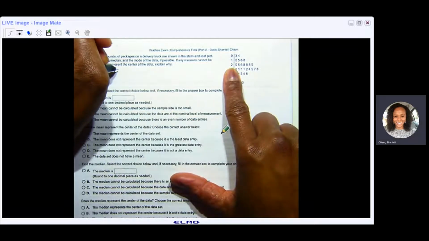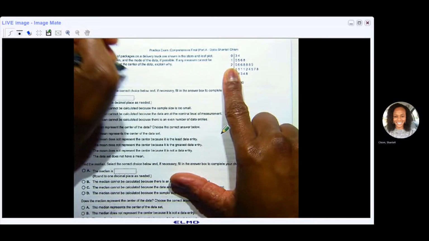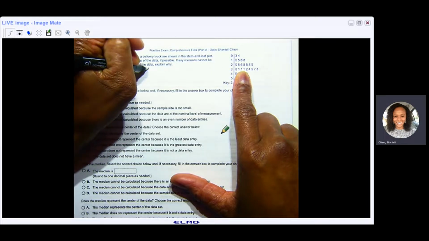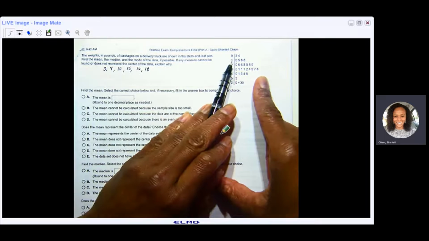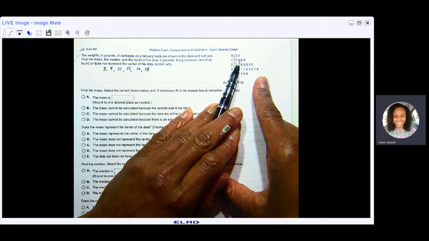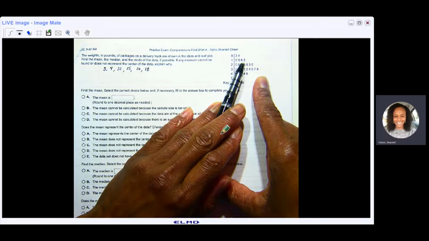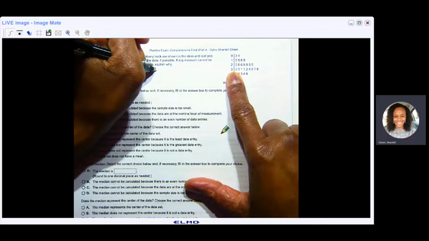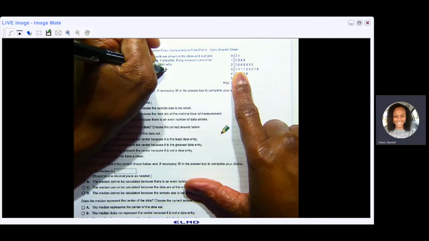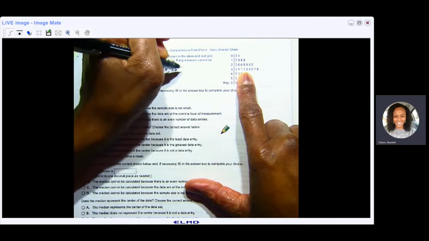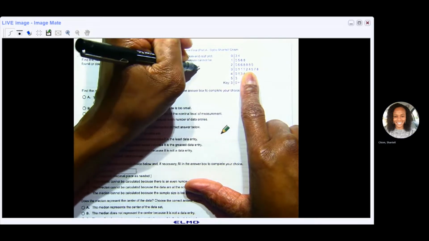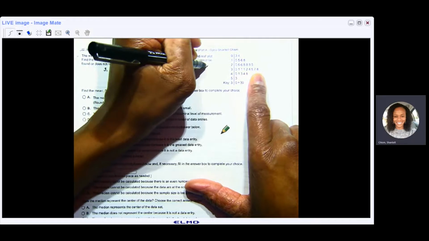On stem of 1, you've got 10, 15, 16, 18, because a stem of 1 and a leaf of 0 is 10. Stem of 1, leaf of 5 is 15, then 16, then 18. Then for the stem of 2, you've got 20, 26, 26, 28, 28, 28, and then 29.